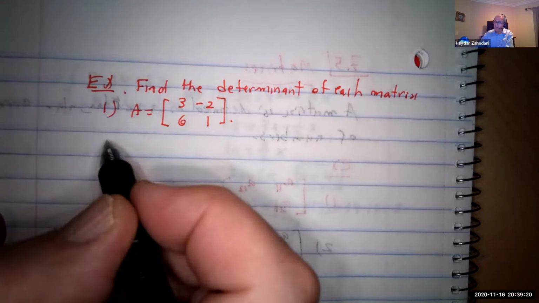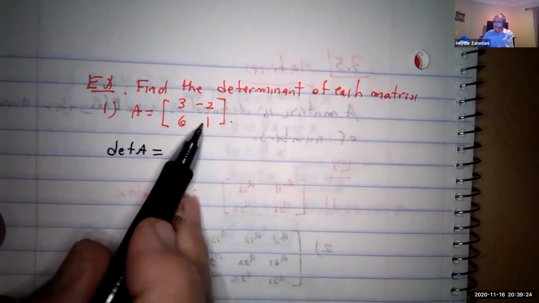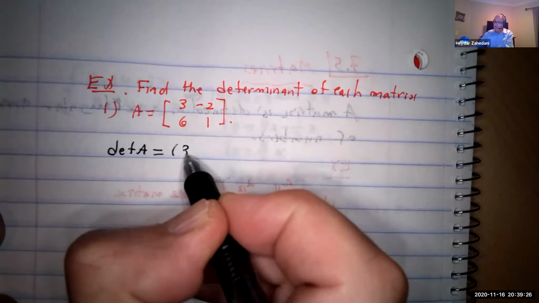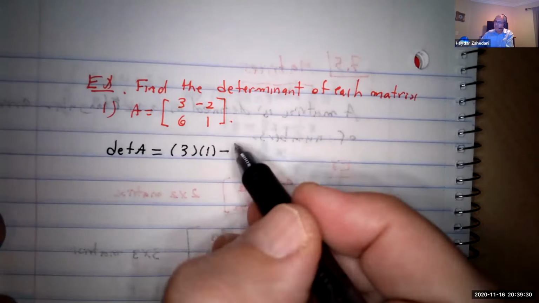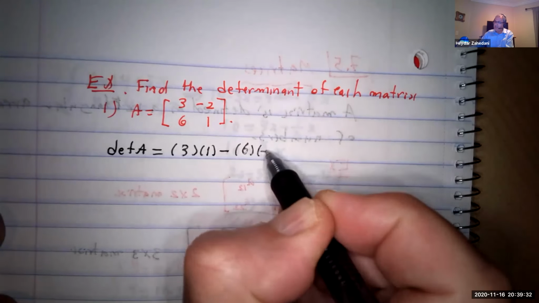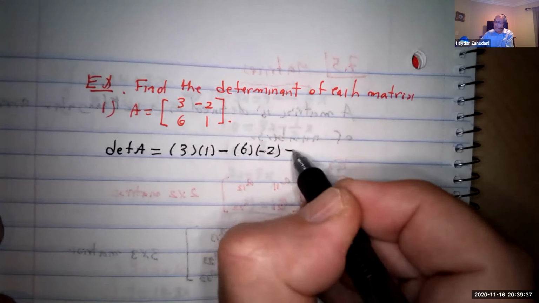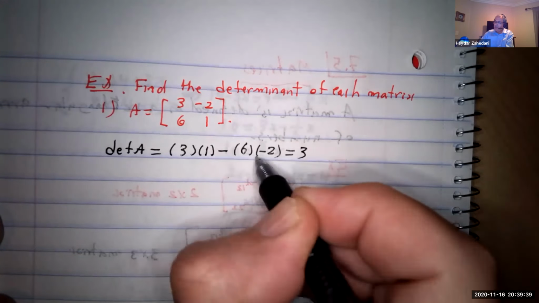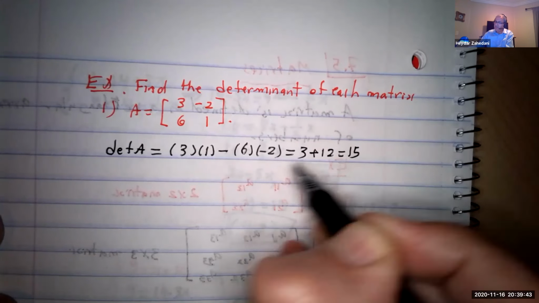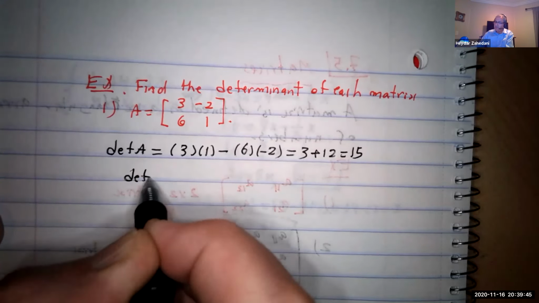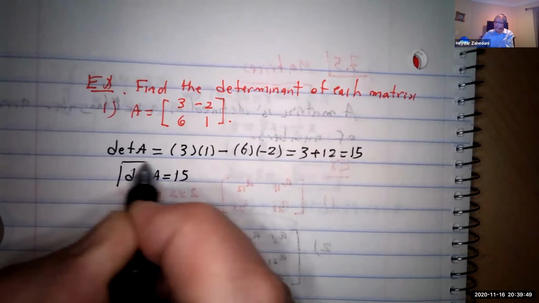Cross multiply: it's going to be 3 times 1 minus 6 times negative 2. Make sure you don't miss that negative sign. So this is going to be 3, and a double negative would be positive, plus 12, equal to 15. So the determinant of A is equal to 15, and we're done.